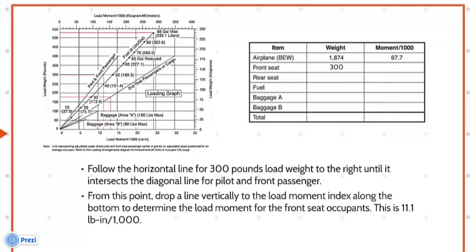From this point, drop a line vertically to the load moment index along the bottom to determine the load moment for the front seat occupants. This is 11.1 pound-inch per 1,000. Record it in the loading schedule chart.